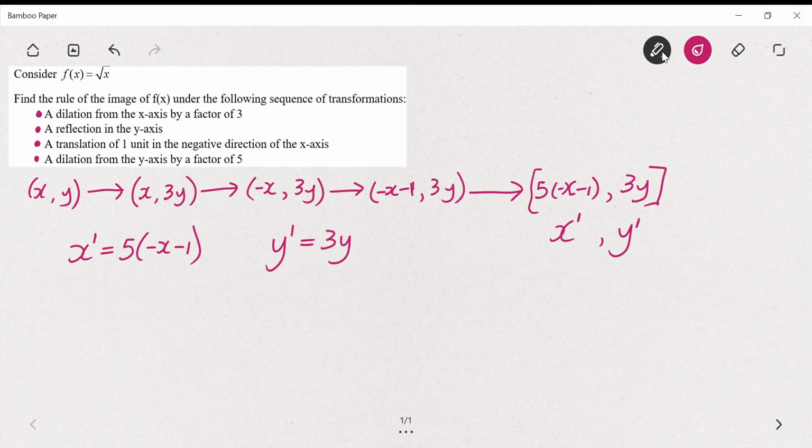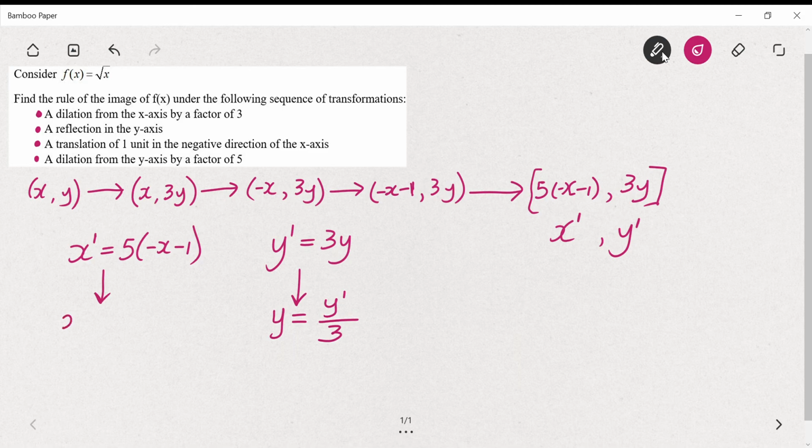But this question is wanting to know the rule of the image, or the new function that we get. So I'm going to get y equals here. So I get y equals y prime on 3. Then I'm going to get x equals over here, so I've got to do a little bit of work.